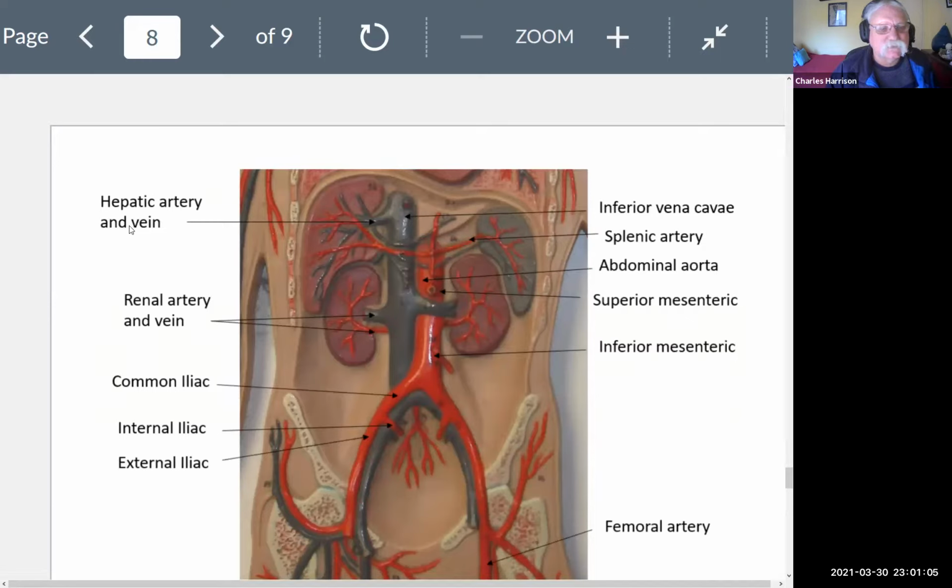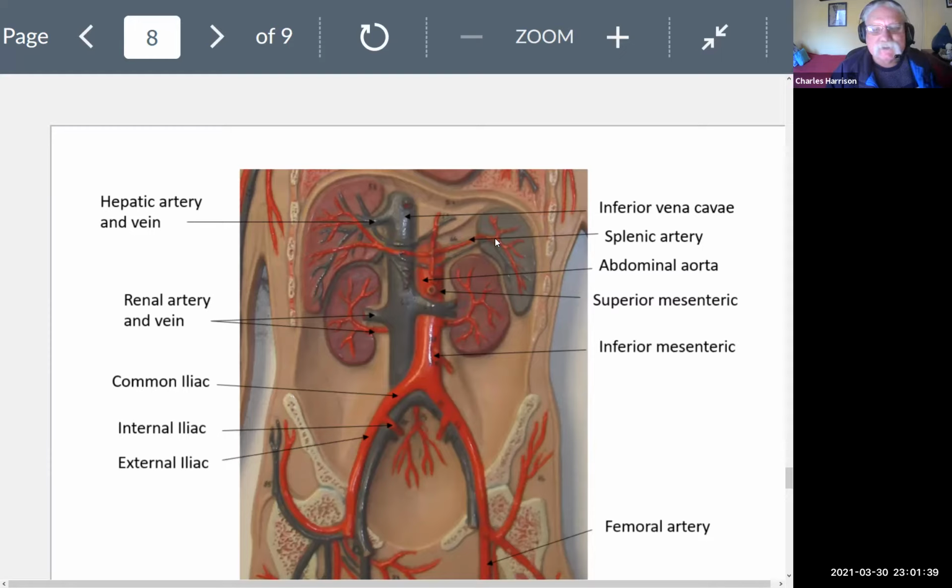This one tries to show you the hepatic artery, and I told you you can't do it really on a specimen, but you can do it on a model. It's here going to the liver. The inferior vena cava. This is the splenic artery. It's coming all the way across. When we dissect, we tend to take the spleen, push it to the other side, and then we get surprised that it comes over this way.